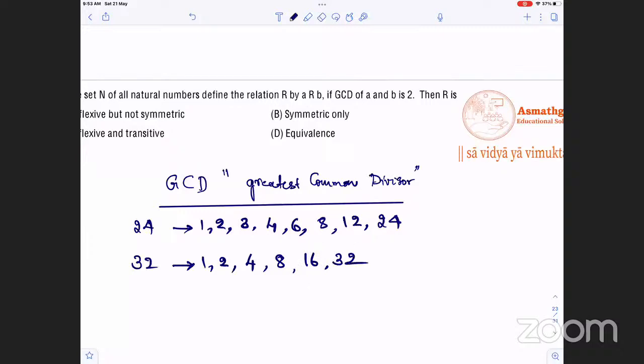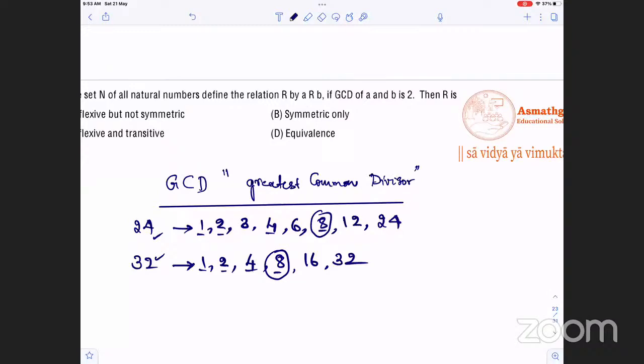Among these, the common ones are 1, 2, 4, and 8.